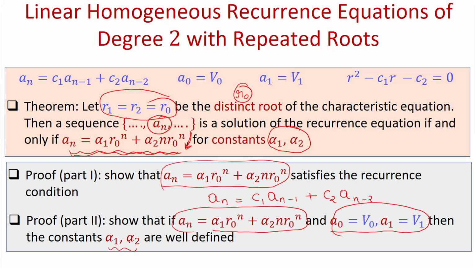Specifically, in the denominator, in the earlier case we had r1 minus r2, which was non-zero, but now the form will be different for this case. The proof is very similar to the proof for the distinct root case, so I am not going into the details. You can easily do that. So that's the general form here.